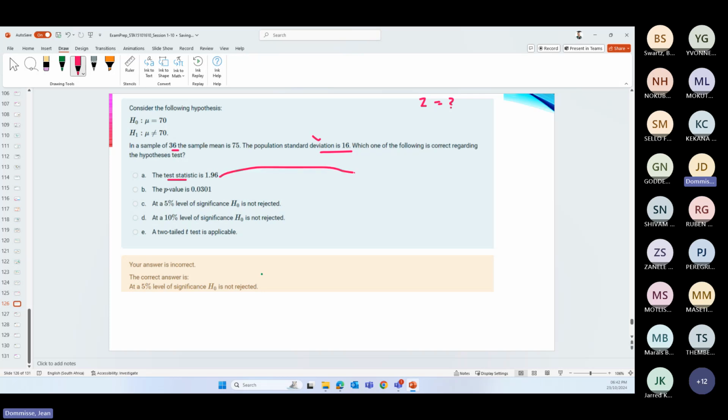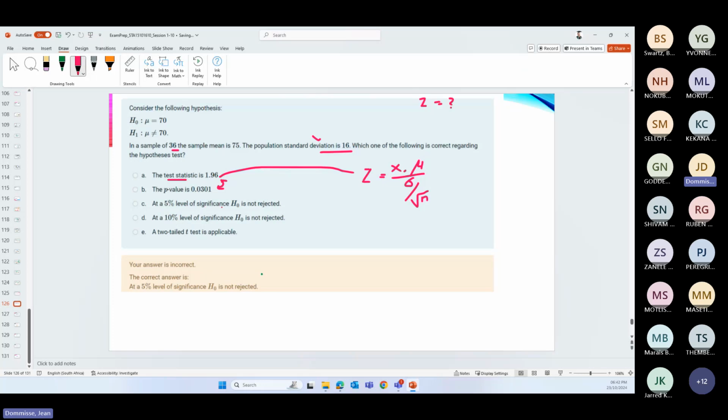So that we will need to work out with this formula. So I'm rather gonna wait and see if I can maybe cancel something else out. Okay, then we get a p-value, so those two are linked. So let's then go to the next one.